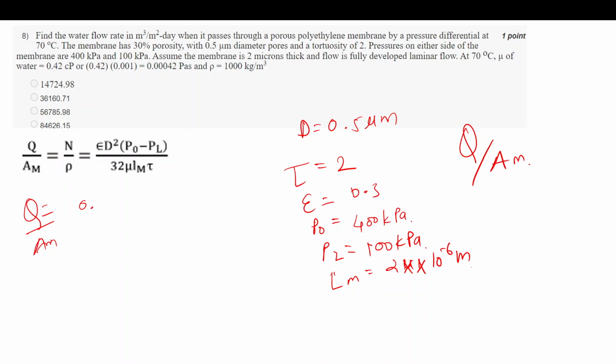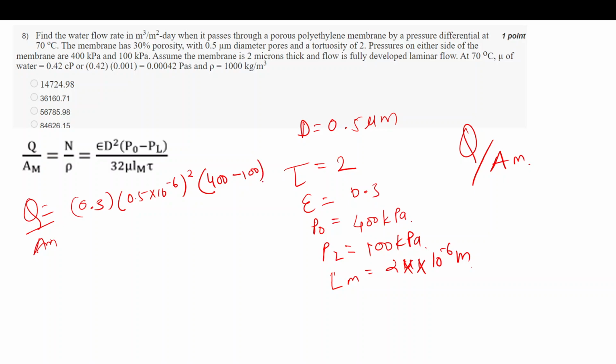Epsilon is given to you as 0.3, d is given to you as 0.5 micron, which is 0.5 into 10 to the power minus 6, squared, and into P naught, which is 400, minus PL, which is 100.